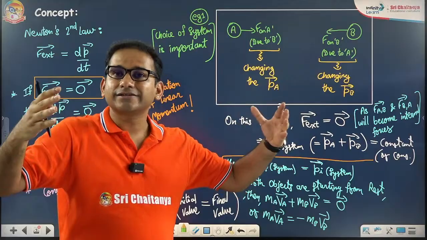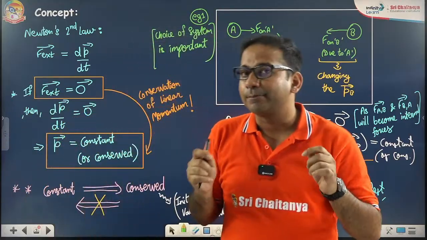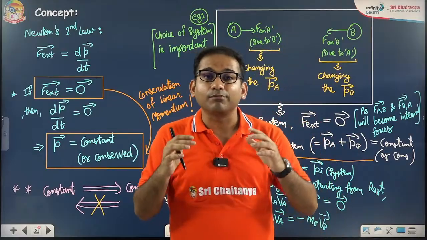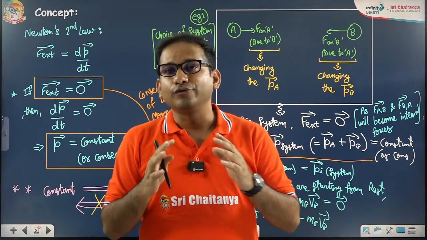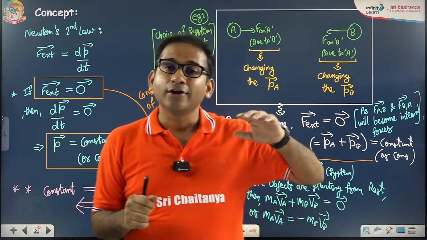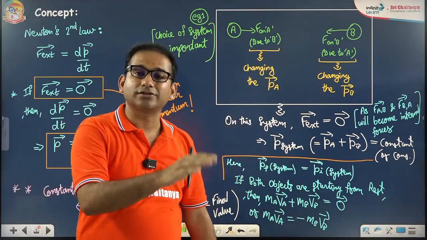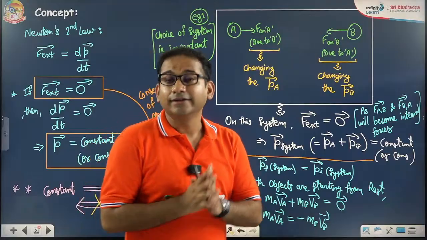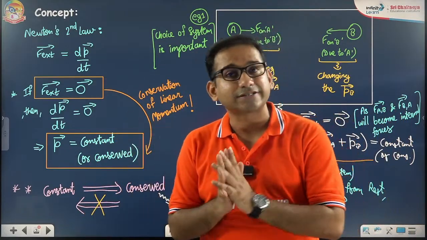When I say as large as possible, my concern is not with the size of the system. My concern is with the fact that more number of forces, if I can consider them as internal, which means either there is no external force acting on the system, or at least in a specific direction there is no external force on the system, so that if overall there is no external force, we can conserve the overall momentum vector of the system.